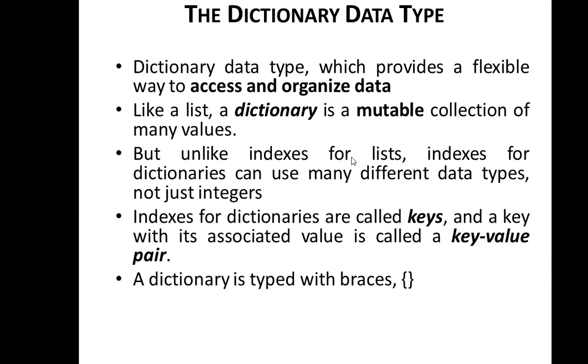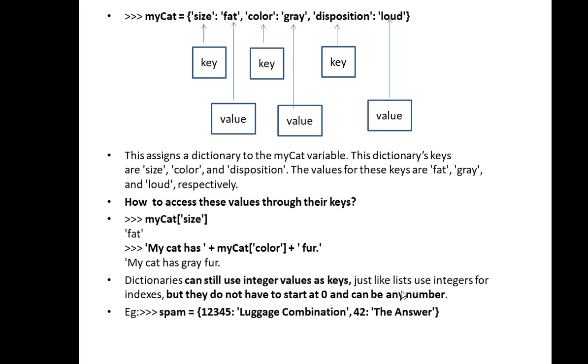Instead, the items of a dictionary are accessed using keys, and every key will have a corresponding or associated value. That means dictionary items can be accessed using key value pairs. And one more very easy way of differentiating a list and a dictionary is that lists are enclosed within square brackets, whereas a dictionary is enclosed within braces.